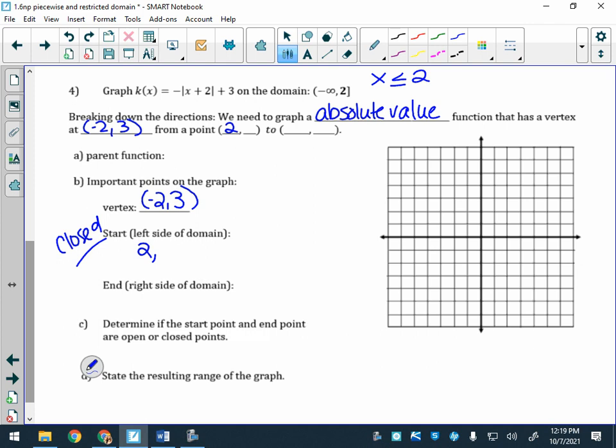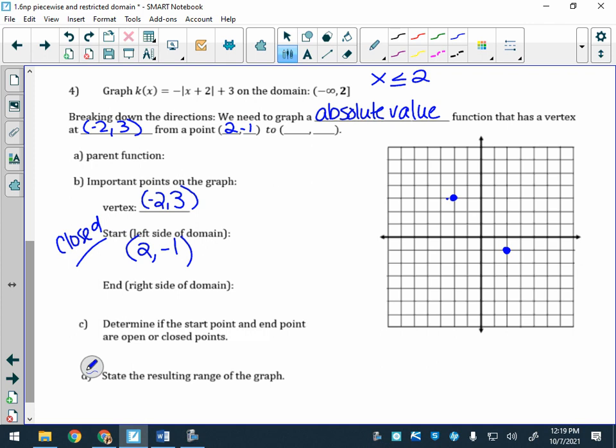Negative 1. Good. And it's going to be a closed circle because there's a bracket. So we have negative 2, 3 and 2, negative 1. How do I continue this graph? I know the vertex.